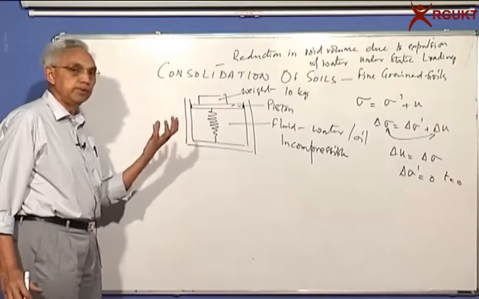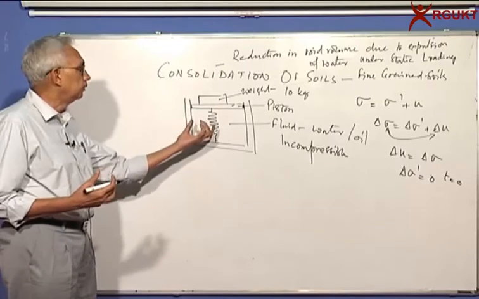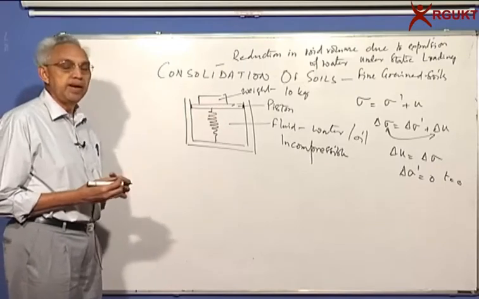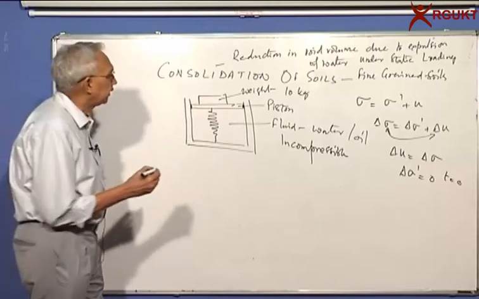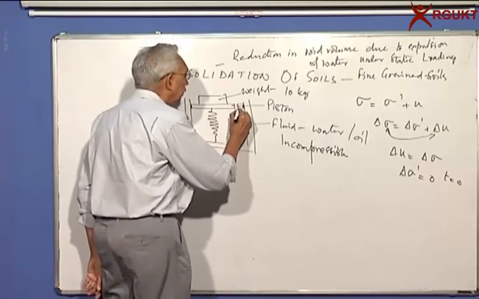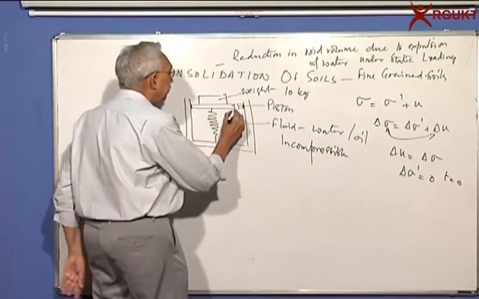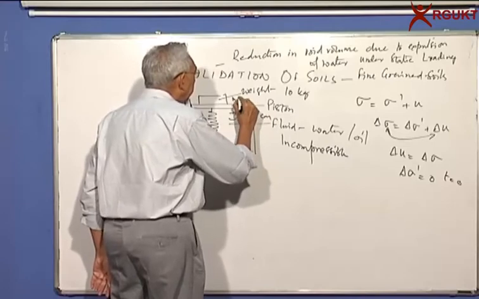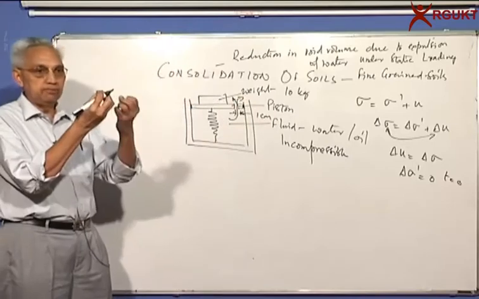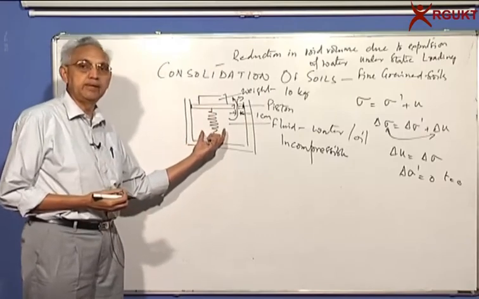If I have an incompressible fluid which is like water, and you are now applying a load, the spring will deform only when the piston goes down. Let us say now you make a hole which is about 1 centimeter in diameter. Immediately the fluid will flow, and once the fluid goes out, the piston will come down and the spring will get loaded.